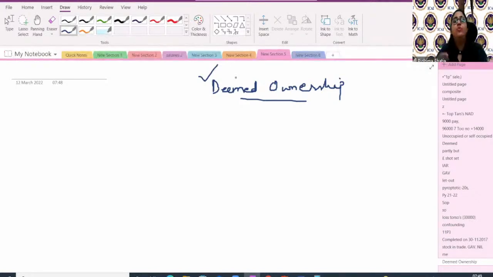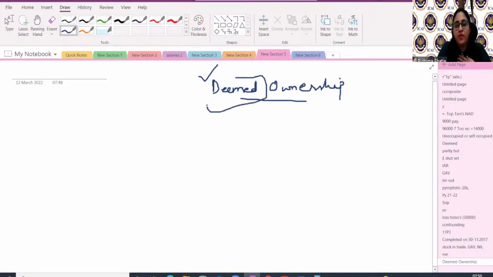That's why the deemed ownership concept came into the picture, so that people do not transfer just for the sake of the name of it, or just for the sake of transferring the income into someone else's hands to evade taxes. That's why the concept of deemed ownership came, wherein the owner would be the owner as per section 27.